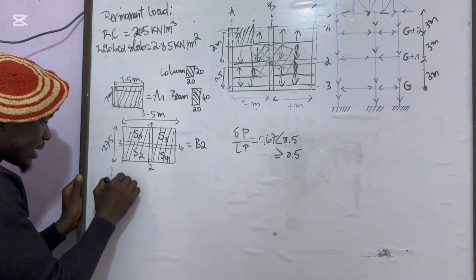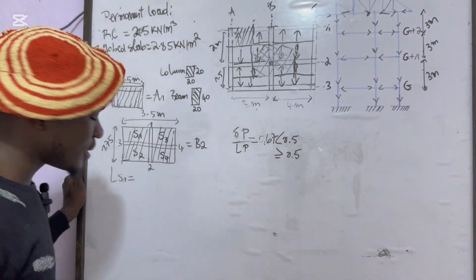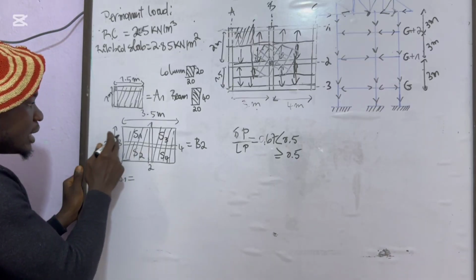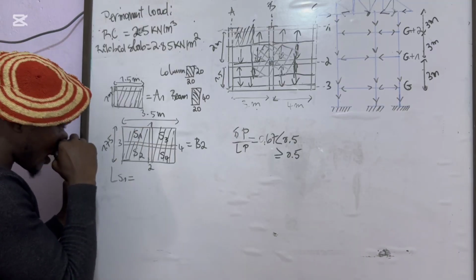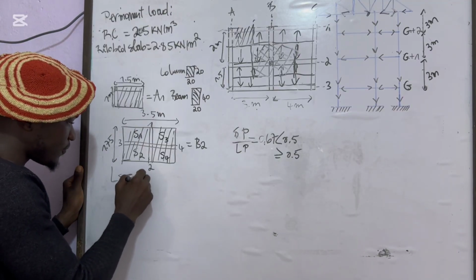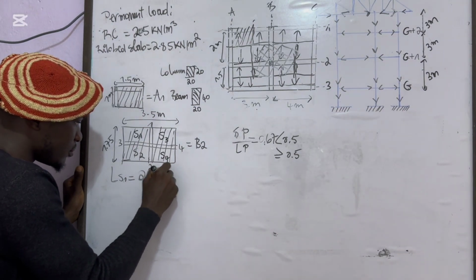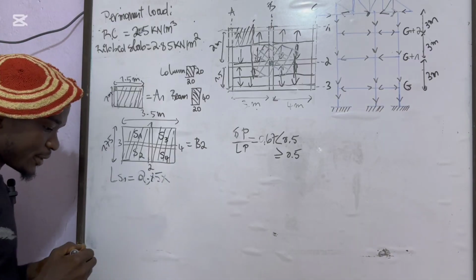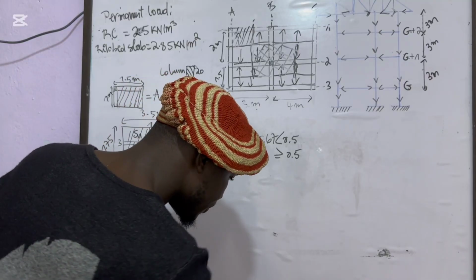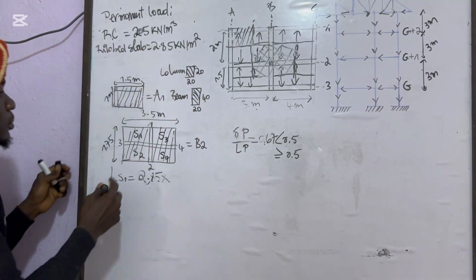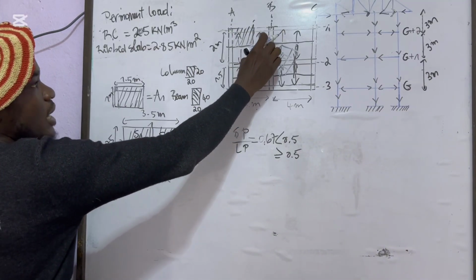I'll call it LS1, which is the load of this area, considering that we have a ribbed slab. We'll multiply the self-weight, the permanent weight of the ribbed slab, which is 2.85, by the width, which is half of this, S1 here up here.